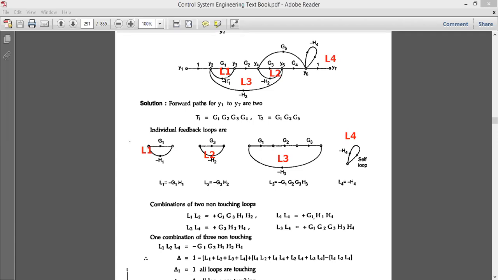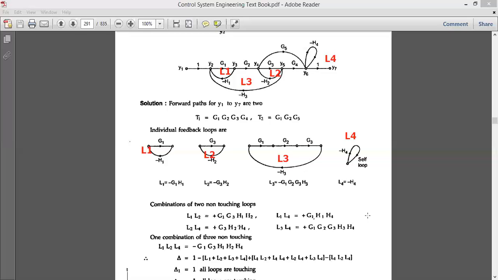So L1 is not touching with L2 and L2 is also not touching with L4, right? But what about L3? L3 is touching L1 and L2. So that is the reason we will not take L3. We will leave L3 and consider only L1, L2 and L4.